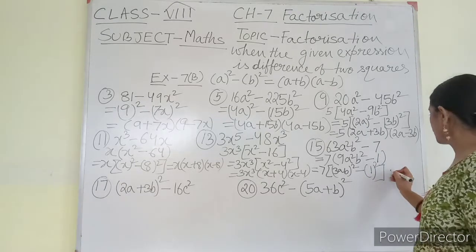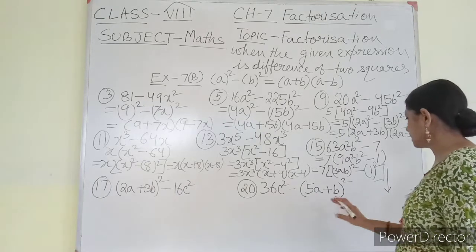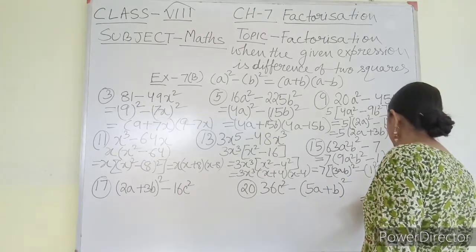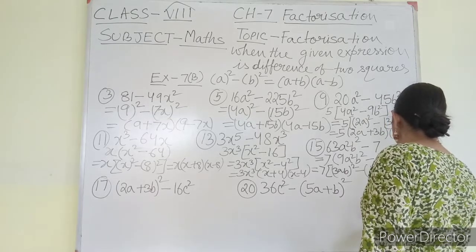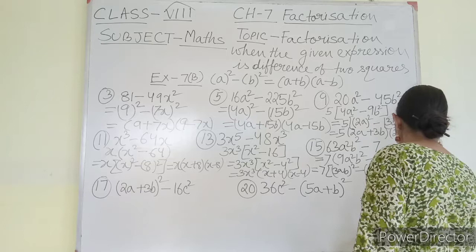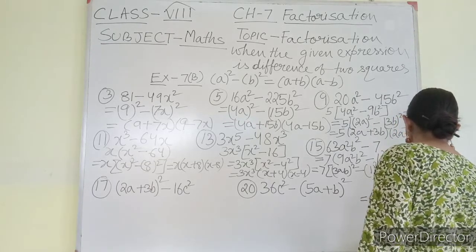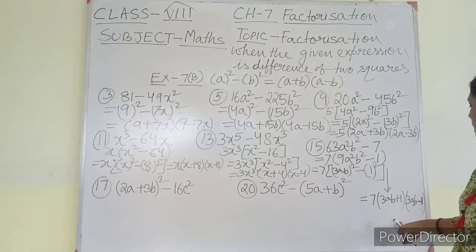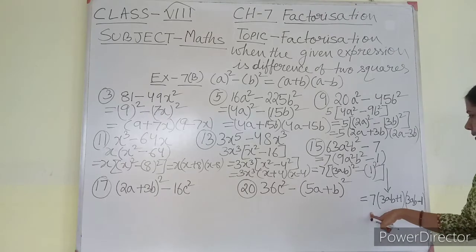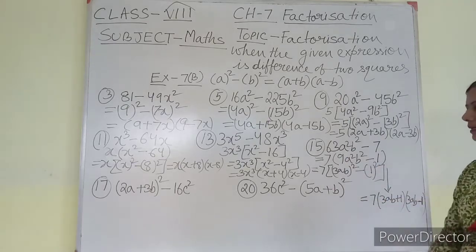So I am writing the answer here, because there is no place. 7 into 3ab plus 1 and 3ab minus 1. My ultimate answer is 7 into 3ab plus 1 and 3ab minus 1.